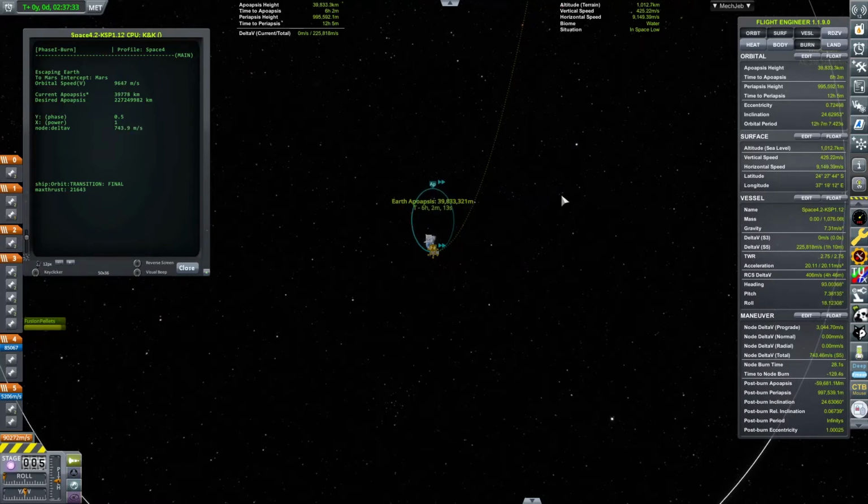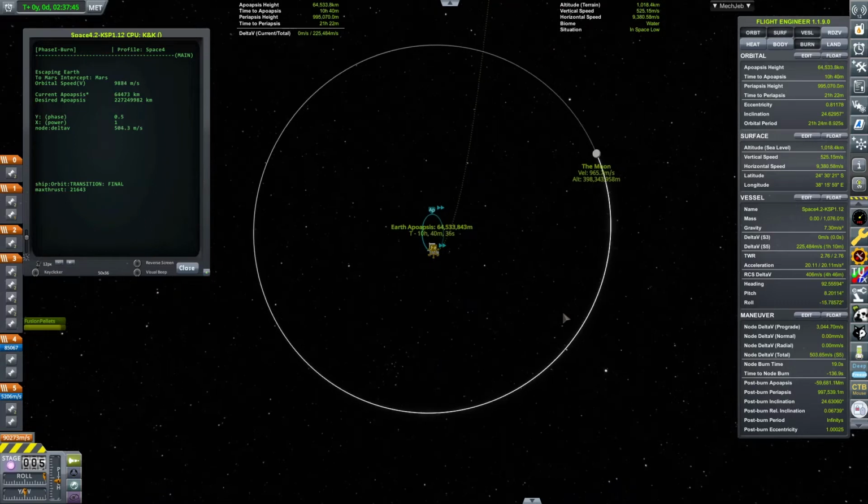We are completely ending now the delta V and the maneuver, and it seems that we are starting, but it's not that, it's the opposite. So look, 350, 300, 200 meters per second to go, and here we go.